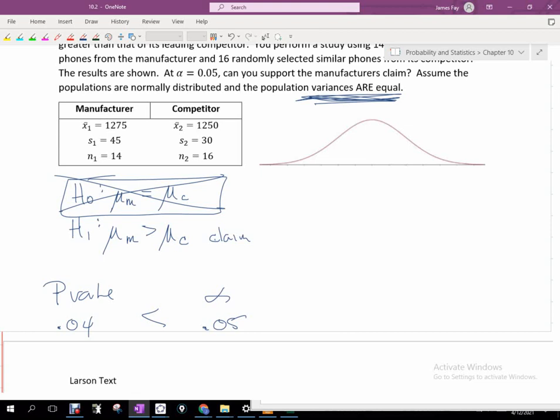StatCrunch is much like IBM's SPSS that I showed you the other day, but I think it's a little bit more user-friendly for elementary statistics. But I didn't know if you guys had access to that. So maybe I'll introduce a little bit of that to you and show you how convenient that is. Very similar to Excel in its structure. So over the next couple of days, we'll do that type of thing.